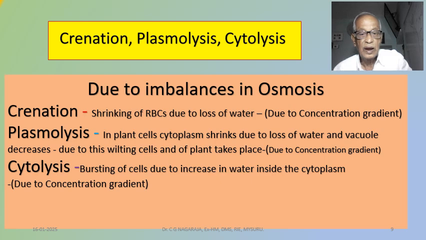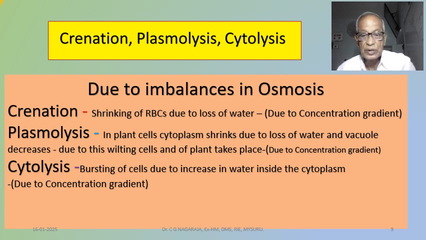Plasmolysis: plasma means the membrane, the outside membrane. Lysis means breaking down or shrinking. In plant cells, the cytoplasm shrinks. You know, plant cells contain a very large vacuole, and the vacuole contains some liquid, and outside the plasma membrane there will be cytoplasm, and this cytoplasm will contain water. Sometimes water from the cytoplasm comes outside the cell.